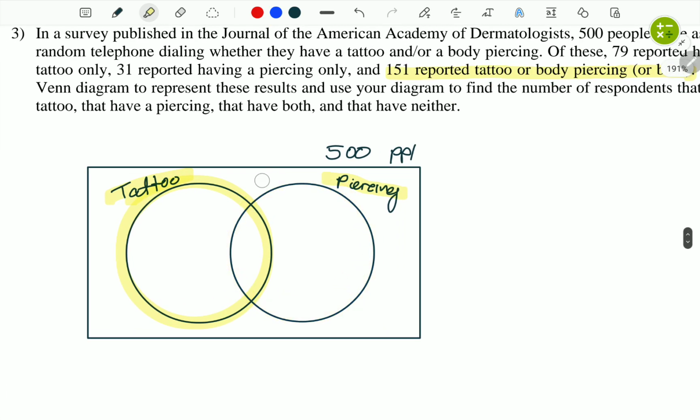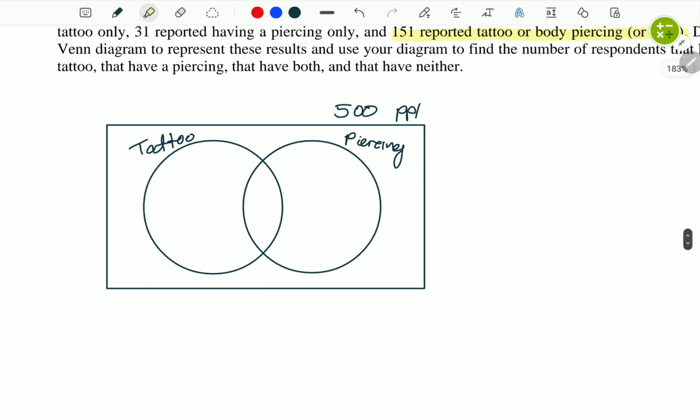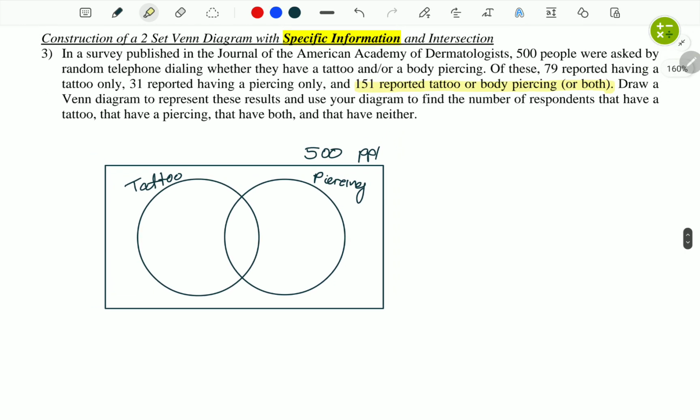So let me clear the highlighting out the way. Let's zoom in, get a better erasing. So that means that the sum of my circles is 151.